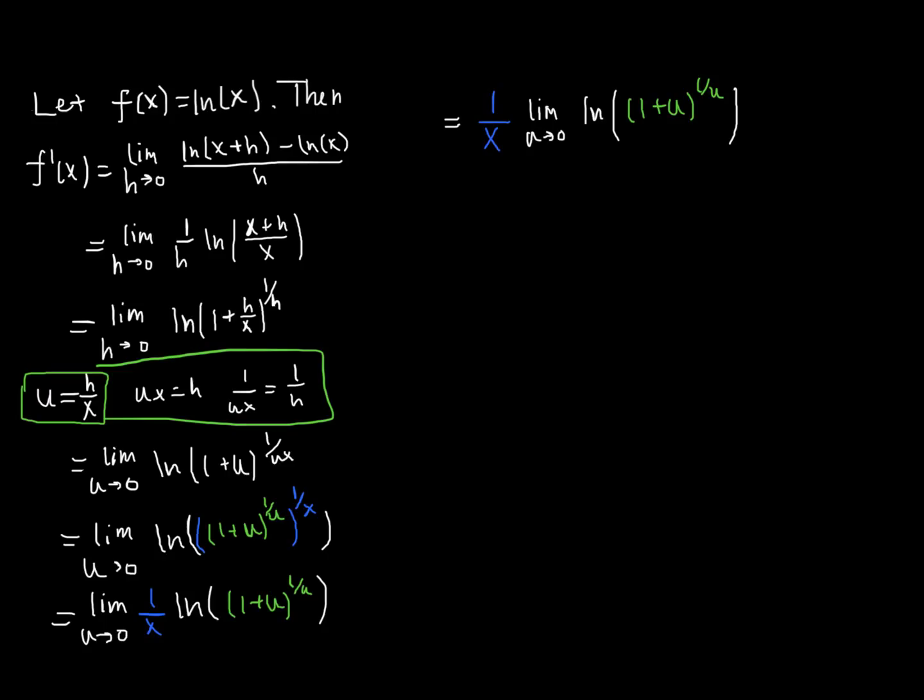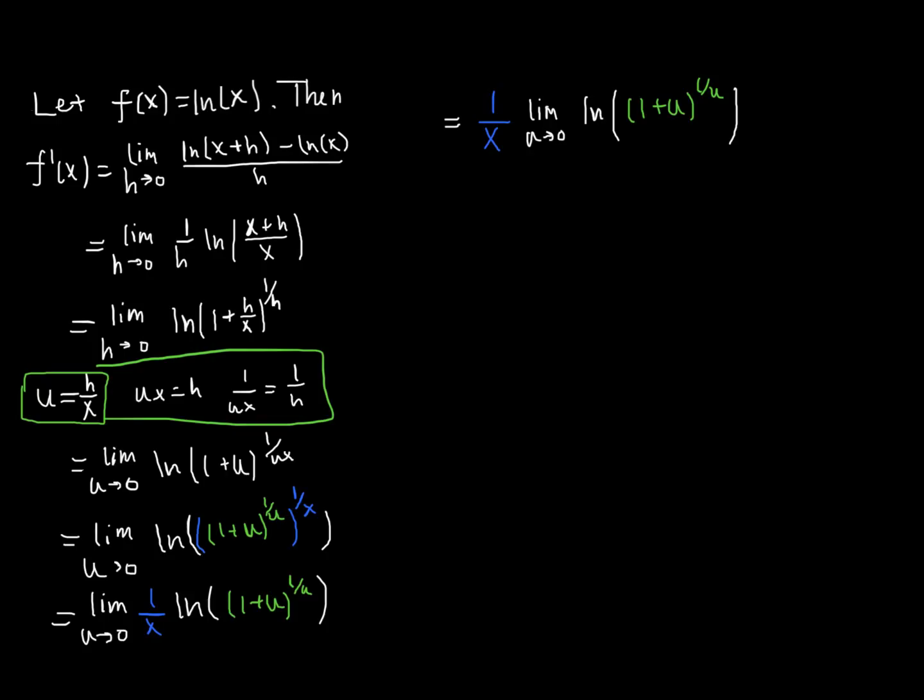What we need is the limit to approach infinity, and then we need this to be 1 plus 1 over whatever that variable is, raised to that variable. So notice that we're just one substitution away. Because if we create a new variable, which is related to u in a certain way, then the limit will all of a sudden go towards infinity. It will be 1 plus 1 over that new variable, raised to that new variable.